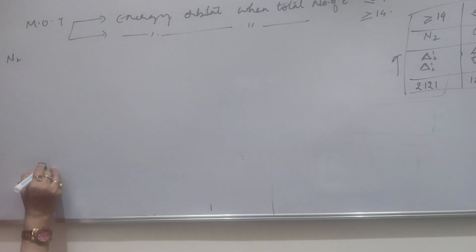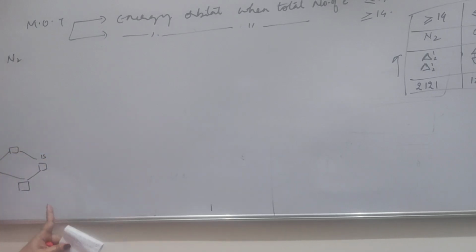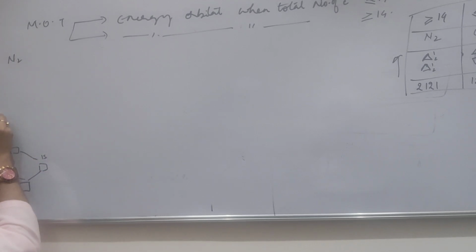So this is the parent orbital and it is going to form the molecular orbital. This is 1s, 1s. Of course, we are moving from lesser energy to the higher energy.